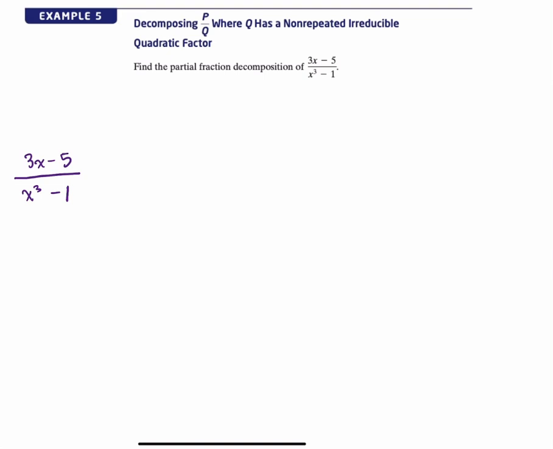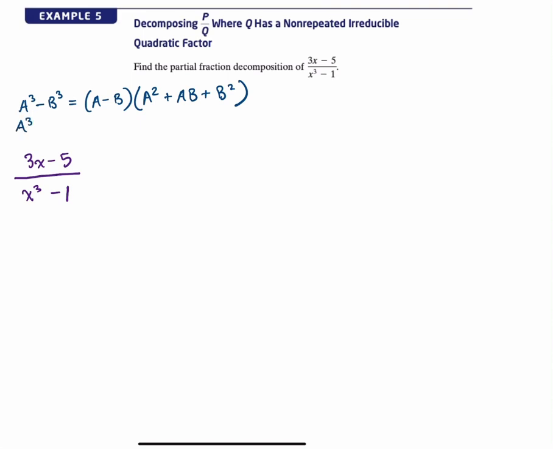If we have something like a cubed minus b cubed, this will become a minus b times a squared plus a times b plus b squared. There's a similar one for a sum of cubes.